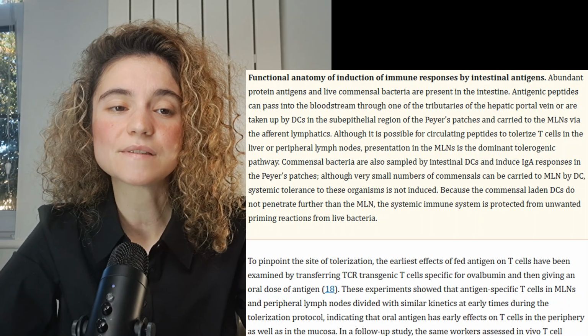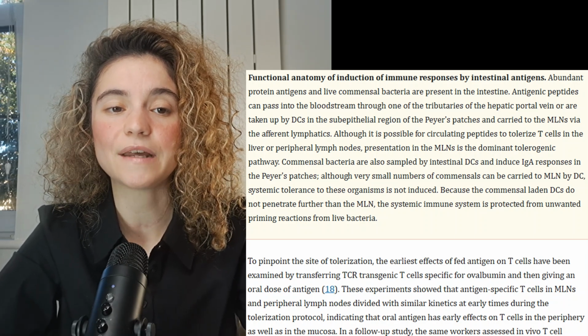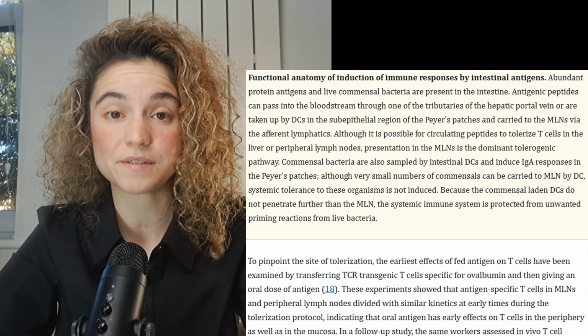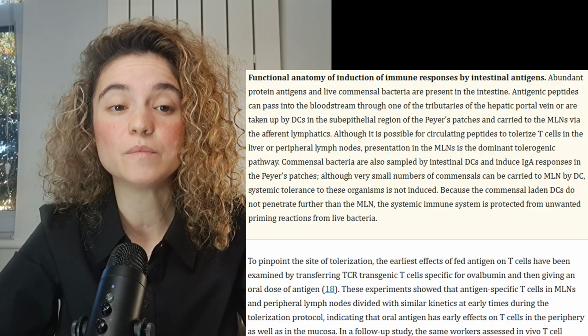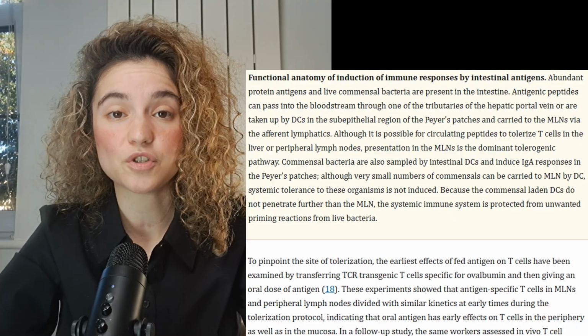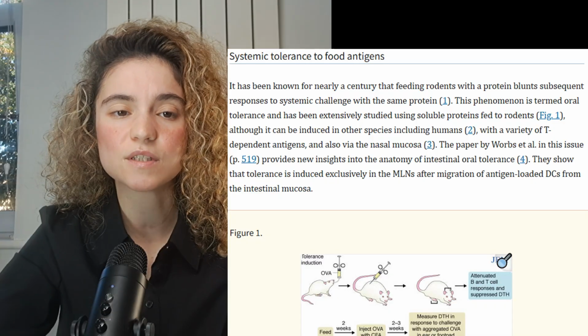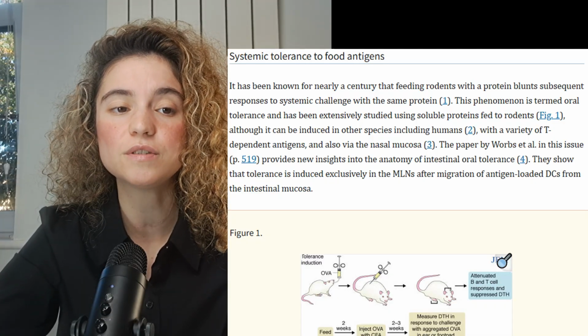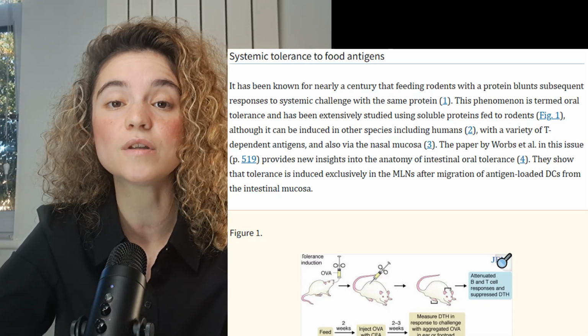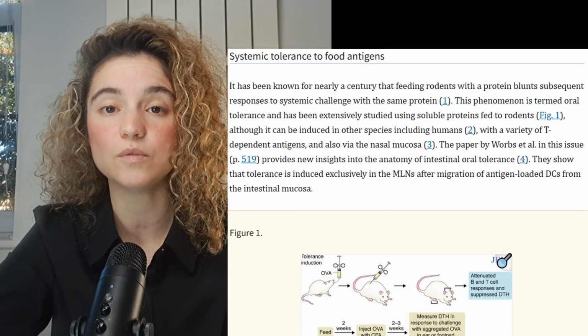So MLNs help filter out antigens and host immune cells like dendritic cells that initiate the adaptive immune responses to pathogens and commensal bacteria. They also coordinate responses to food and microbial agents that are the site of T cell activation, playing a crucial role in the immune homeostasis. They also help prevent systemic spread of intestinal contents.